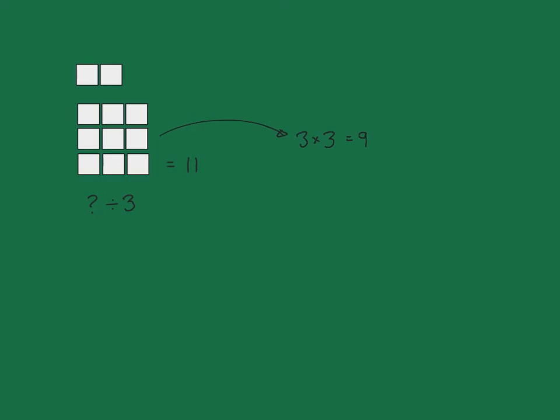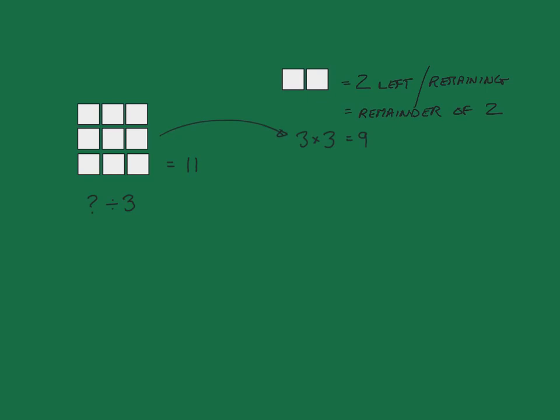But we've also got, which we didn't have when we did this before, we've got 2 left, or remaining. So this is what we call a remainder of 2.